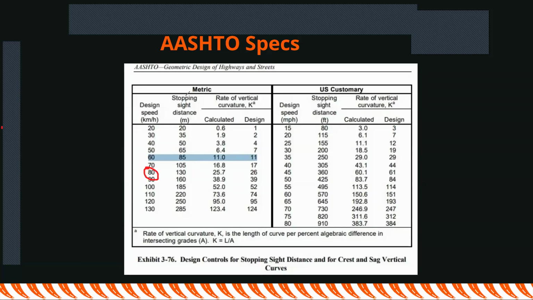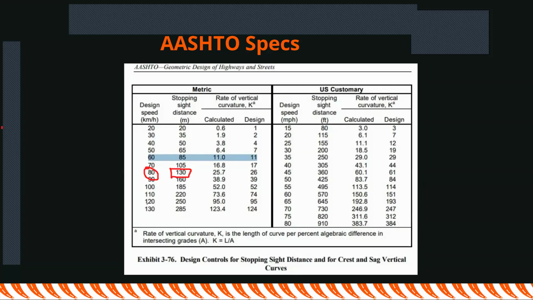Now, the stopping sight distance that you need, and remember we said it is the major controlling factor in the design of a crest curve, is 130 meters. That is the stopping sight distance.